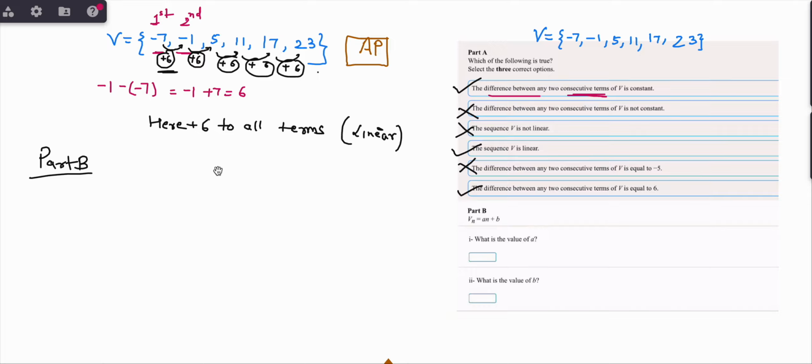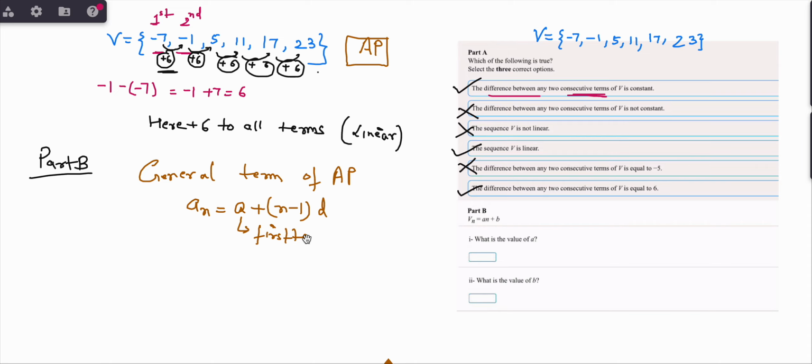And to find the value of a general term of an arithmetic progression, we have a formula: an is equal to a plus n minus 1 into d, where a is the first term of the sequence and d is the difference between two consecutive terms, which in this case is +6. And a is the first term of the sequence, which is -7 in this case.